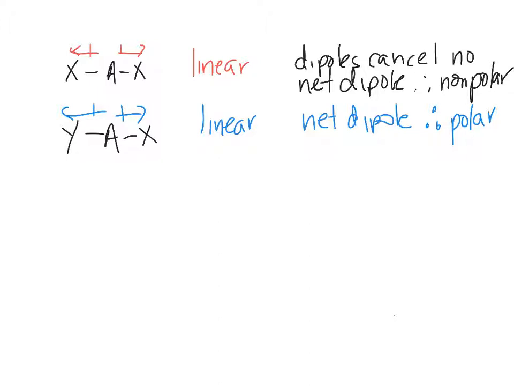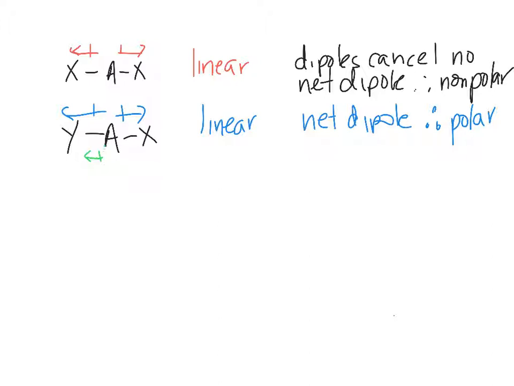So on this one, the net dipole is going to be towards Y because it's bigger. Okay, so you've got a net dipole. That's a very bad arrow. Okay, so net dipole.